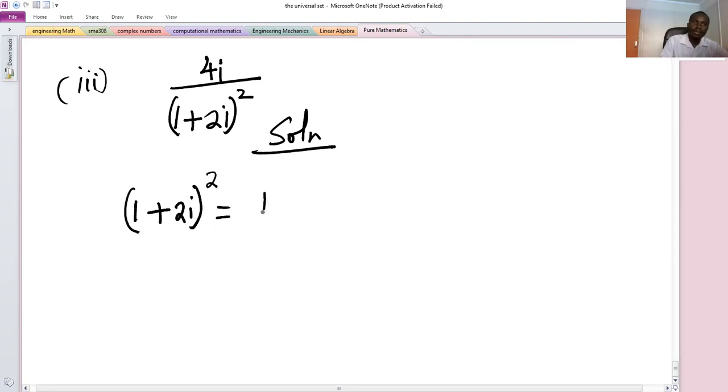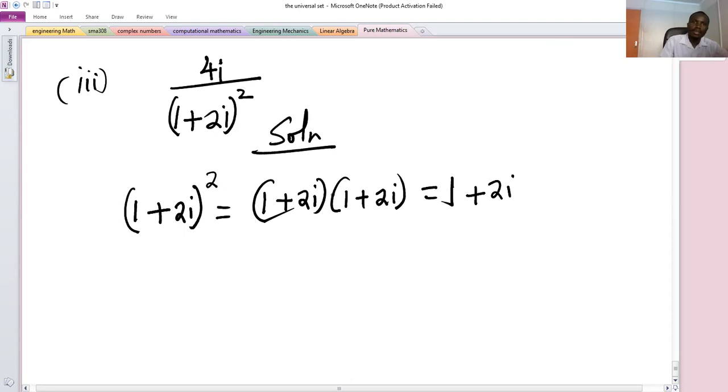This means 1 plus 2i multiplied by 1 plus 2i. So 1 by 1 is 1. 1 by 2i is 2i. 2i times 1 is 2i. 2 by 2 is 4, i times i squared.